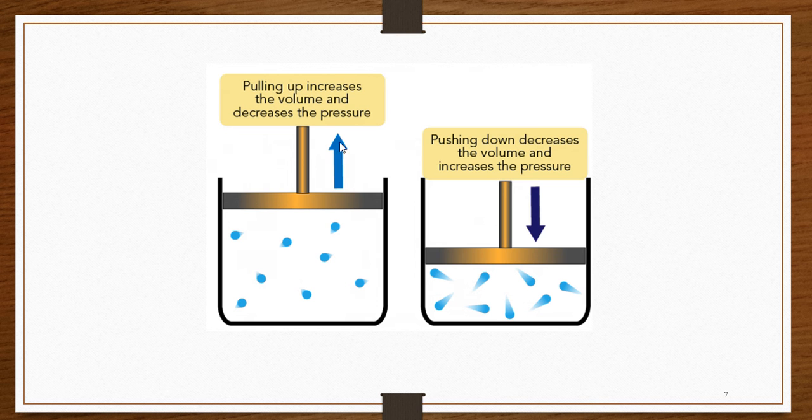Pulling up, increasing the volume, will decrease the pressure, because the collision of the gaseous particles in our first diagram will be less. But when you reduce the volume by pushing the piston down, the pressure will increase. Why? There will be an increase in the rate of bombardment or collision of the particles, which will build up pressure. That is Boyle's law for you.